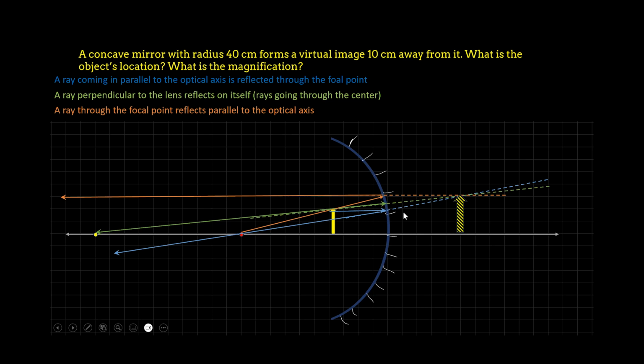There it is, there's my image. So 1, 2, 3, 4. It's at negative 10 roughly, and here is at roughly 6.7.